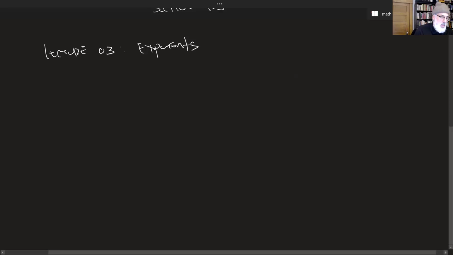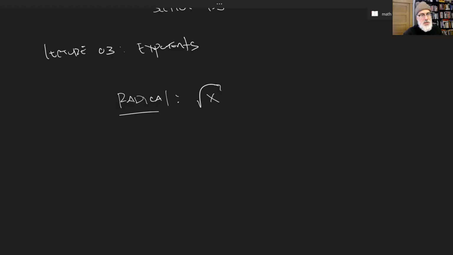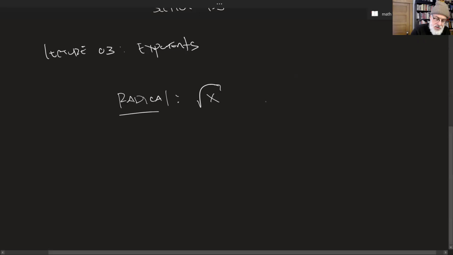So we're going to start with the notion of a radical. I don't know where the term radical comes from. I didn't look it up. But it's a root. And we'll first talk about square roots. The symbol, which I don't always draw very well, is called the radical.